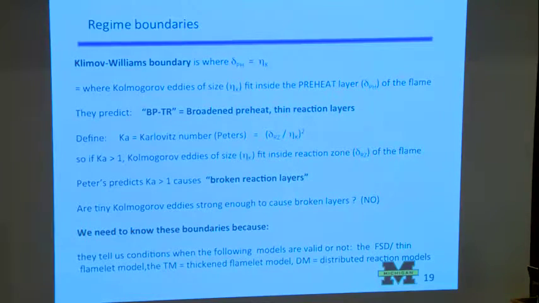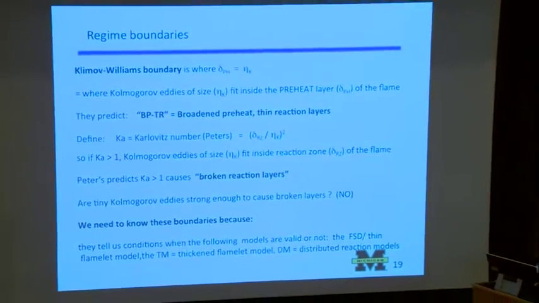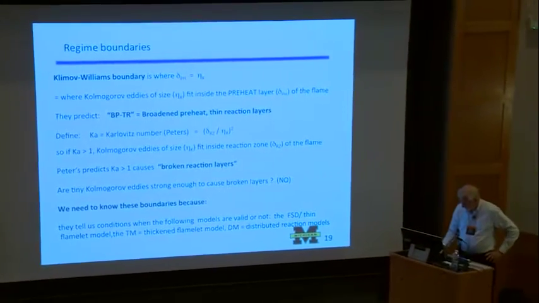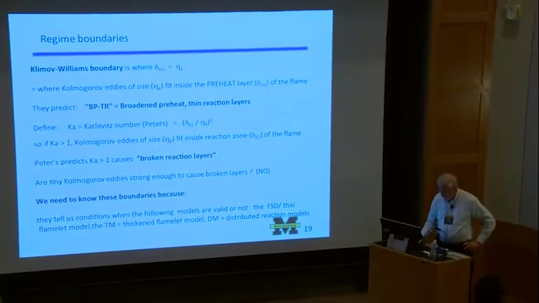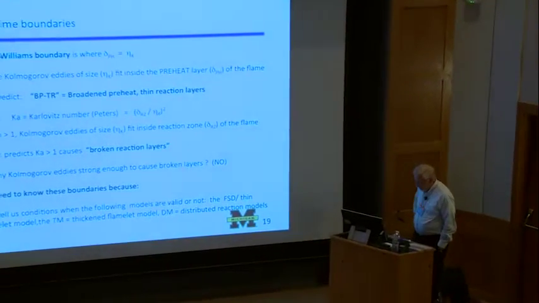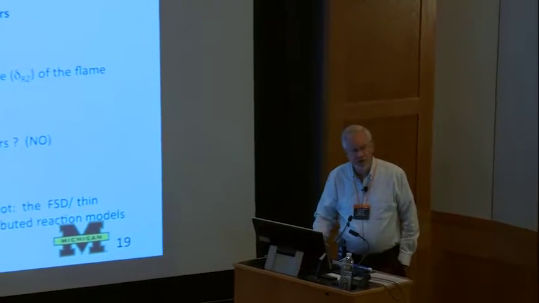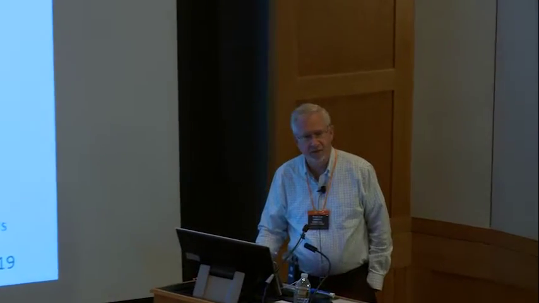Also, the viscosity of the gas changes. So the Kolmogorov scale down here and the Kolmogorov scale of eddies going into the flame could be quite different, because as gas heats up, it becomes very viscous. But we need to know these boundaries and more information, because if you have a flamelet model, and many people do, a lot of people say, oh, that model will never work for a jet engine or a rocket or anything realistic. But maybe it will.